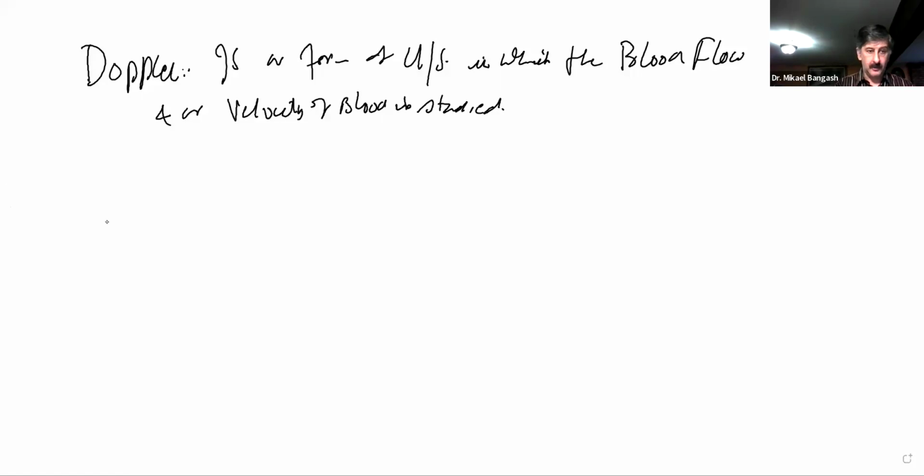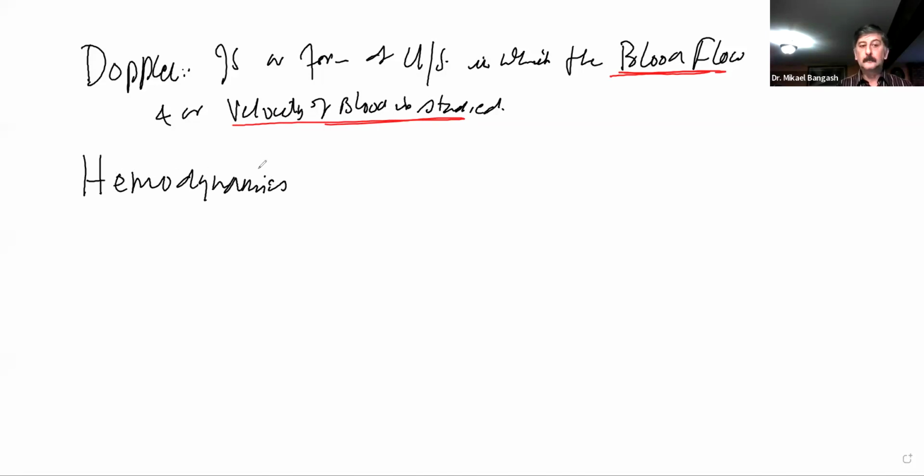To understand these two things, we first have to deal with hemodynamics. If you look at this, it's made up of two words. Hem or hemo is blood.